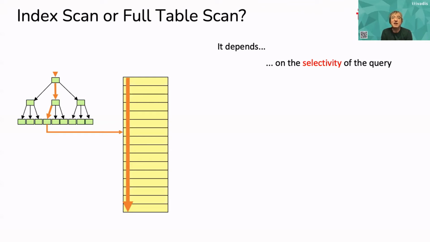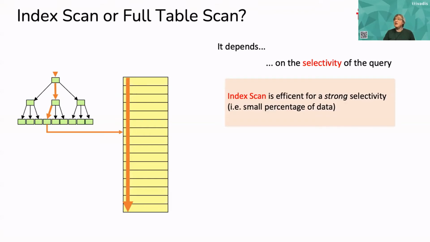And the selectivity, that's the percentage of the data that is read from the driving table, so from the first table, or from all the tables that are the input for the next join. And if this selectivity is small, or if we call it a strong selectivity, if we have a small percentage of data, then an index scan is a good choice.